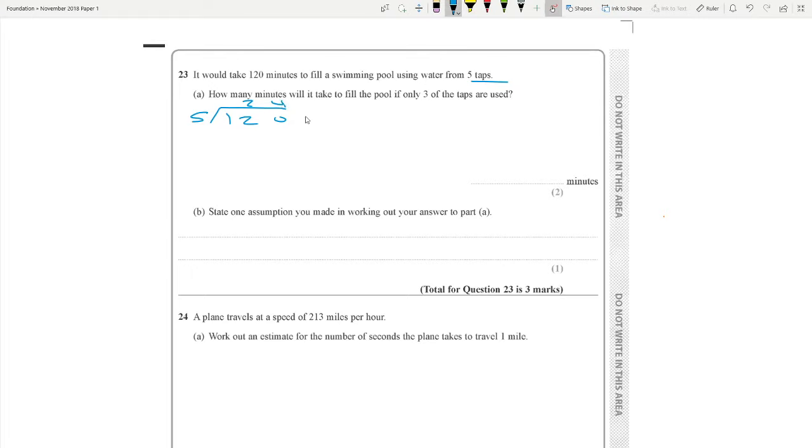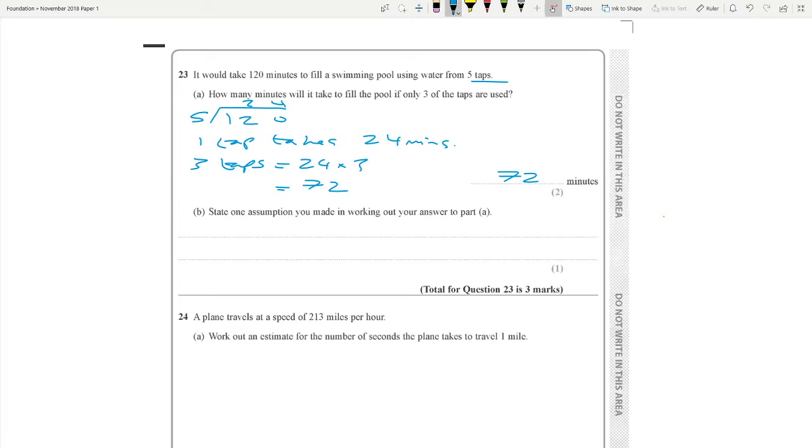So 1 tap takes 24 minutes. Therefore 3 taps, you're going to do 24 times 3: 20 times 3 is 60, 4 times 3 is 12, 72. So the answer is 72 minutes.